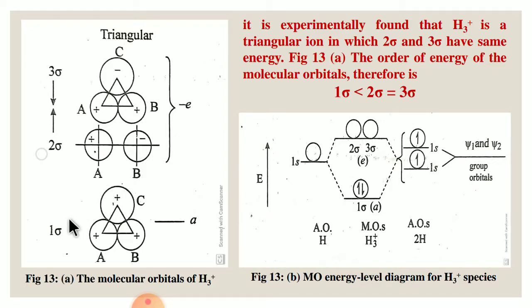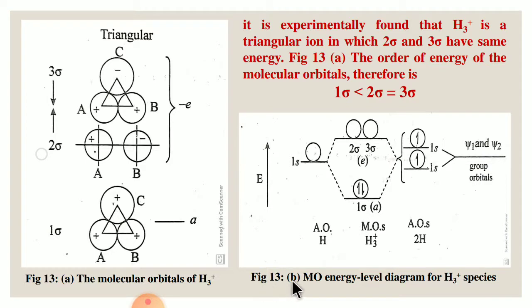So 1 sigma has lower energy as compared to 2 sigma and 3 sigma, because 2 sigma and 3 sigma have similar energy.